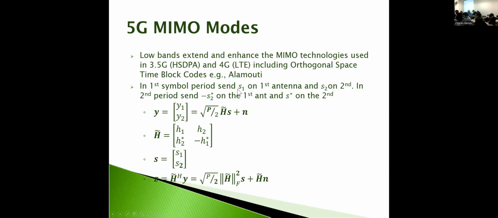This is not unique to OFDM. We're going to send symbol 1 on the first antenna, and then symbol 2 on the second antenna simultaneously. Normally we'd send symbol 1 first and then symbol 2 next. In this case, we're going to send them simultaneously, but on separate transmit antennas.